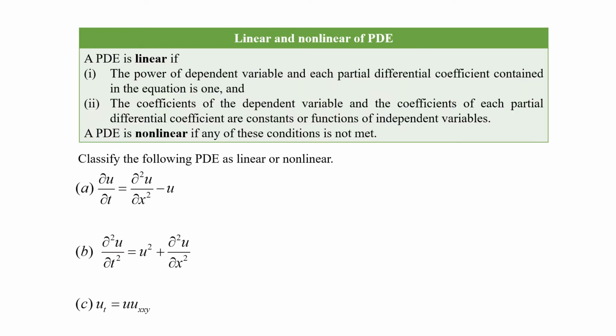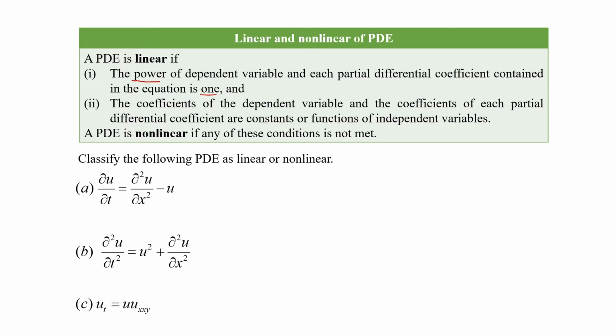Okay, now let us discuss how to determine if the PDE is linear or nonlinear. A PDE is linear if the first condition is that the power of the dependent variable and each partial differential coefficient contained in the equation is 1. So the power must be 1.